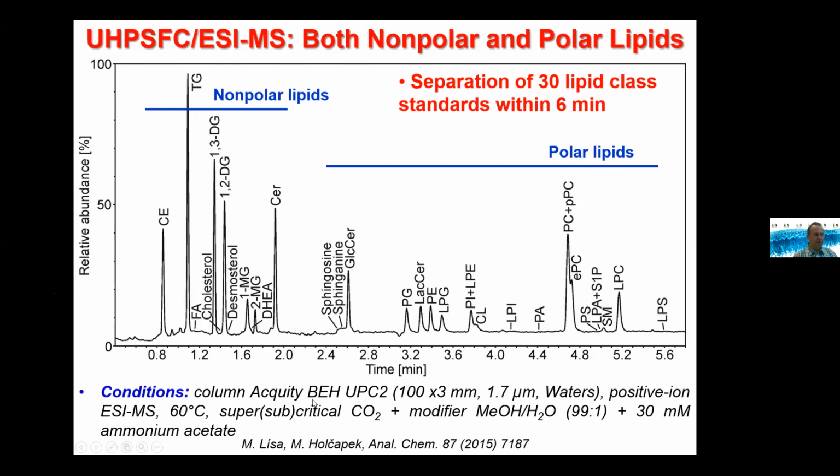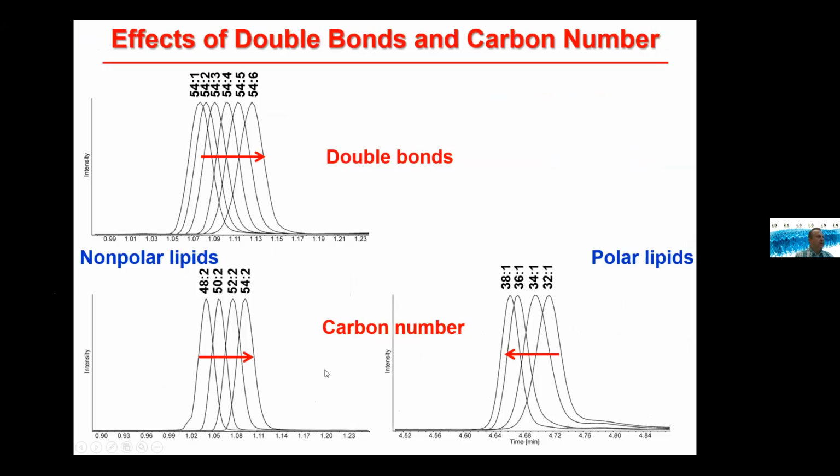Here I would like to illustrate that inside individual lipid classes, we also have minor secondary in-class separation. Here you see reconstructed ion currents for triacylglycerols with different numbers of double bonds. You see that there is a very small shift, in minutes extremely small.